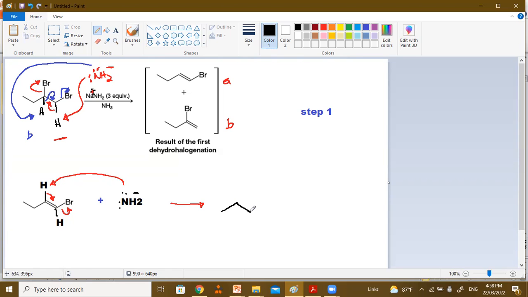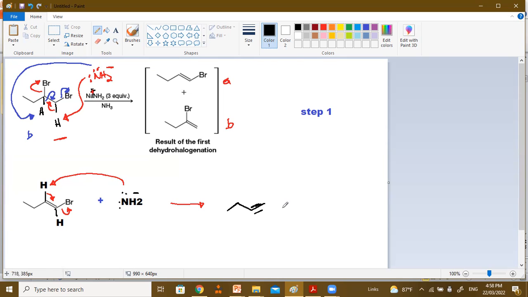Your bromine is gone, so you only have 1, 2, 3, 4 still. It's a triple bond. You get the triple bond.